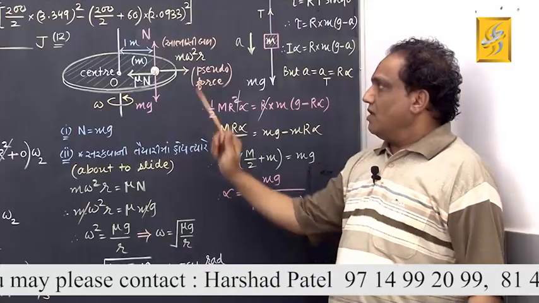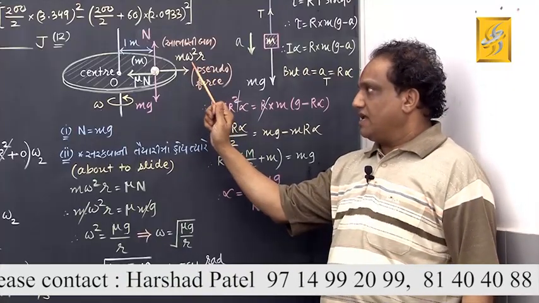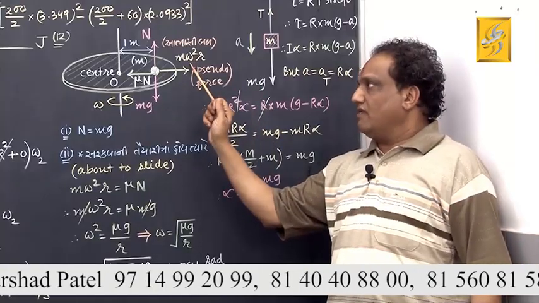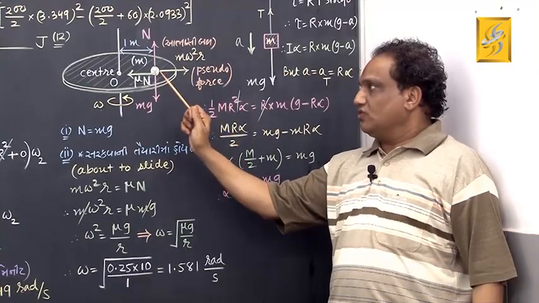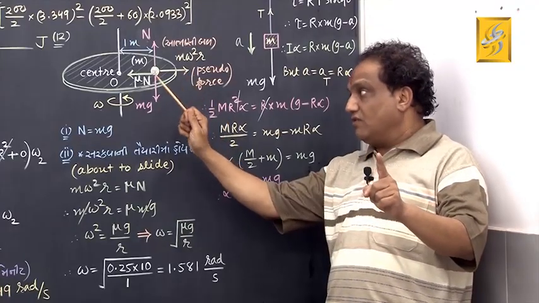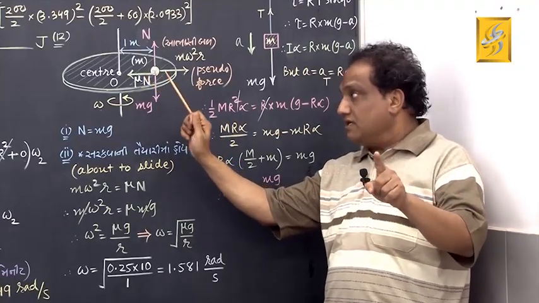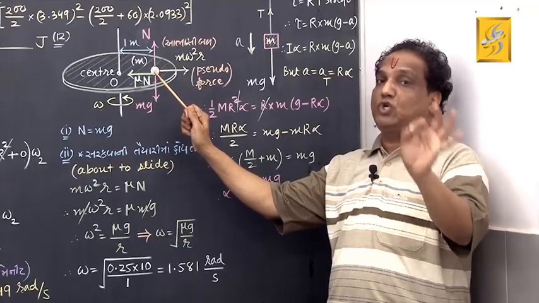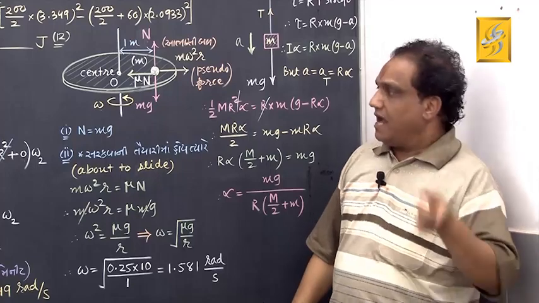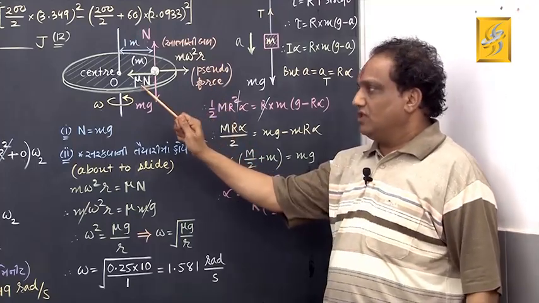Now m is constant, r is constant, but as you increase omega gradually, this part will increase, so this force will increase, and at the moment when this force becomes equal to this force, at that very moment the child would be about to slide. He will be on the verge of sliding, correct? At that time this force has become equal to this force.